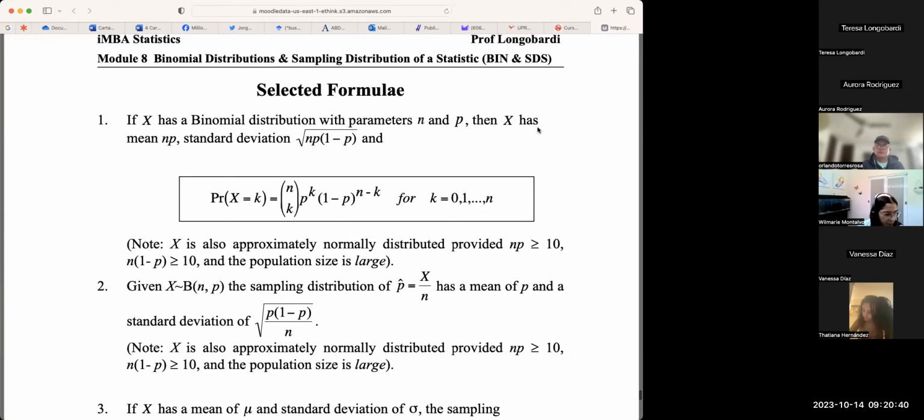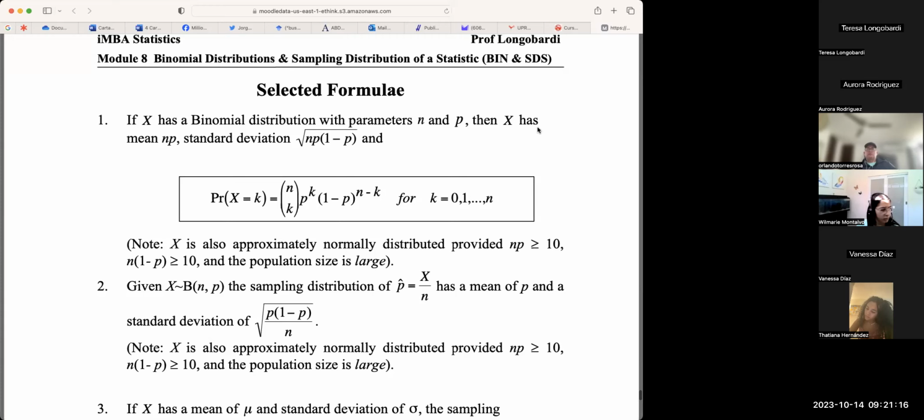So from there, I convert that into a proportion, because more commonly we speak about the sample proportion, which is derived by taking that X and dividing by N. Like the proportion of people who favor Trump, or the proportion of people in a city who contracted COVID.